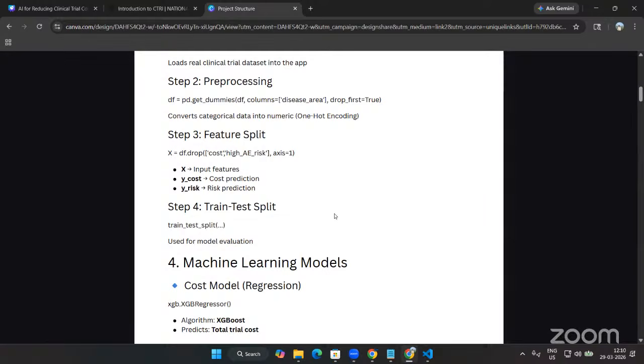One is y_cost and the second one is y_risk. y_cost is cost prediction, y_risk is risk prediction. And the rest of the X, the input features, will be the input features. This is how we will split the features.